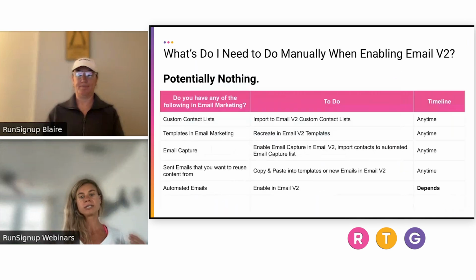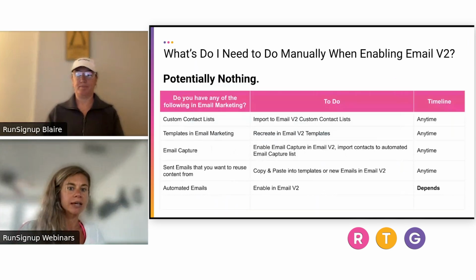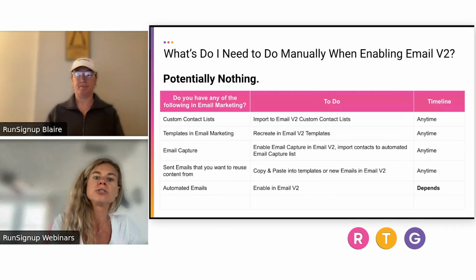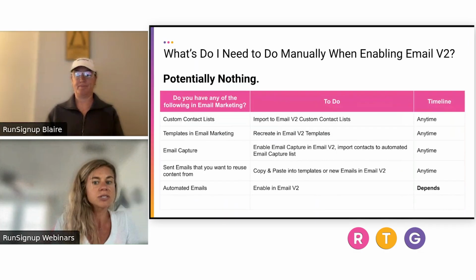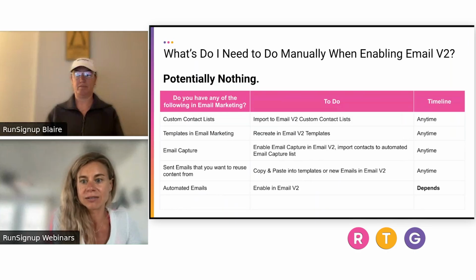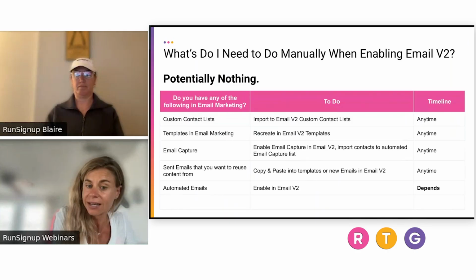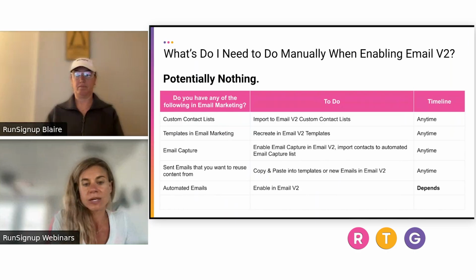So we are nearing the end of this webinar, and the biggest thing, what do you need to do to enable email V2? And that answer is essentially not much. Email V2 is in the system ready for you to use. You just need to start sending emails. If you are brand new to this, or you're new to the racing space, or you've never done an event before, essentially all you might need to do is go into that sent email and set up your first email.